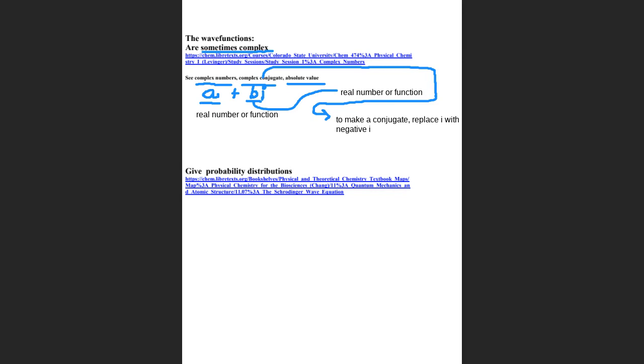In other words, for any complex number a plus bi, there is a conjugate a minus bi.